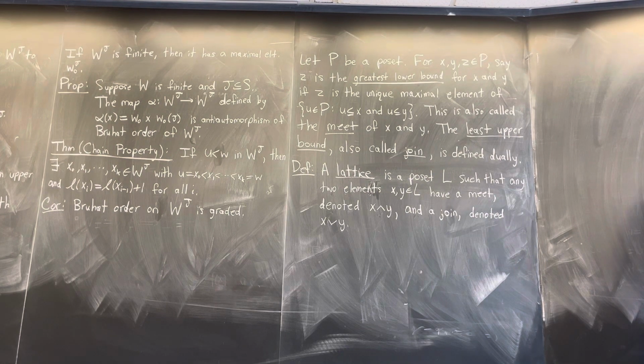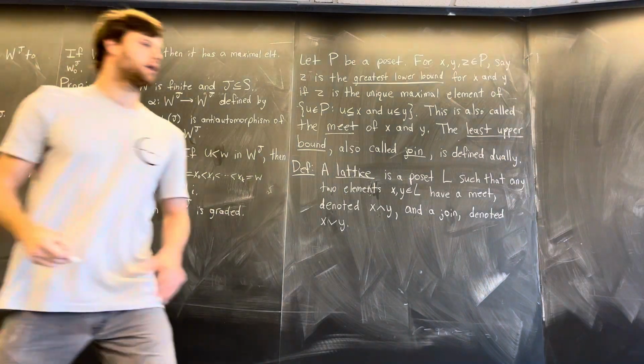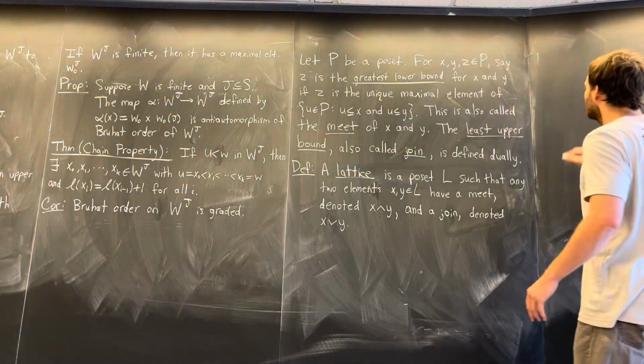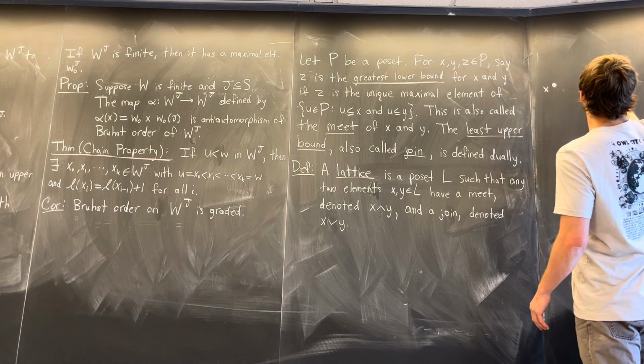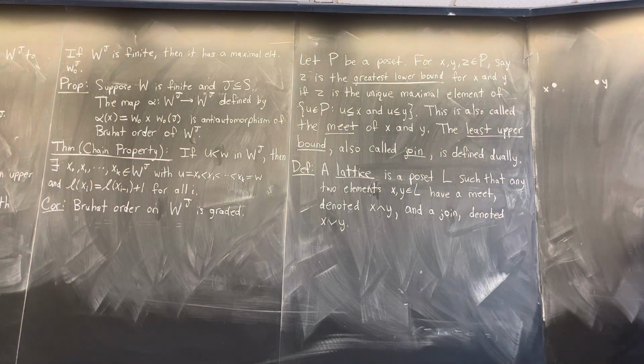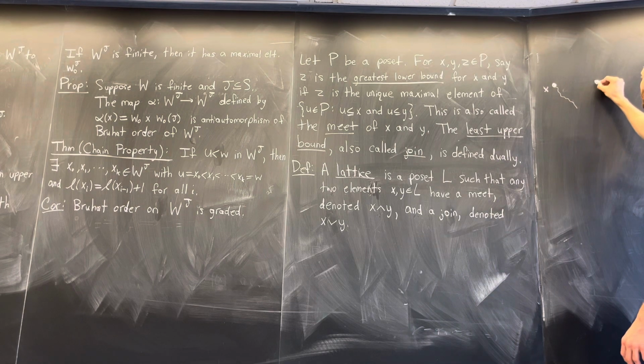Well, okay. Maybe I'll first answer Catherine's question in one way. Here's the picture. Here's X, here's Y, and their meet should be some lower bound. It's like the greatest lower bound of them.